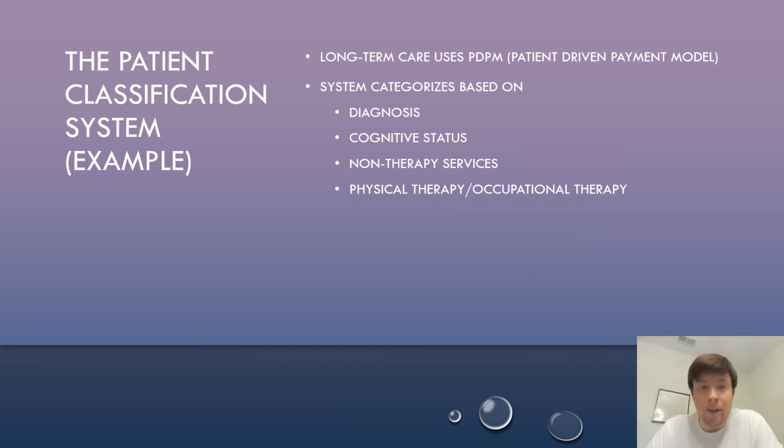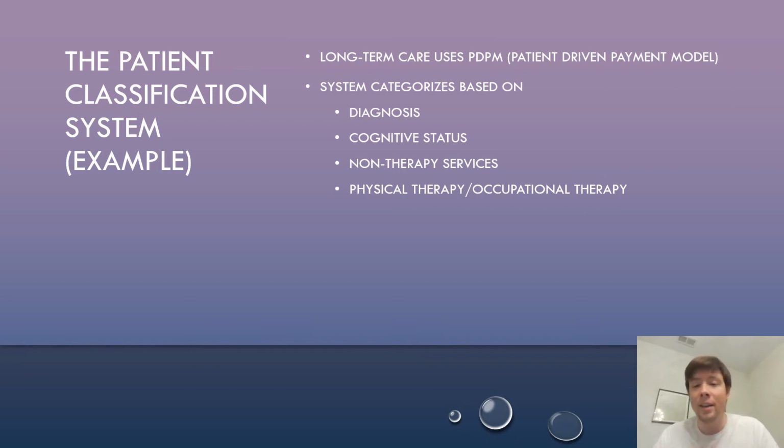So here's the patient classification example. PDPM, patient-driven payment model. In this model, patients' time spent in the therapy department is no longer the driving force for reimbursement. Instead, reimbursement is determined based on patient diagnosis. Neuro tends to pay better, for example.